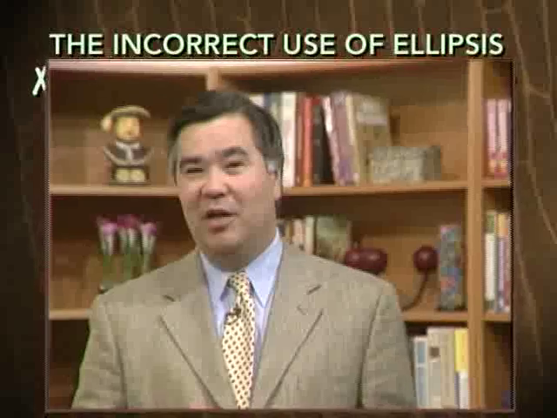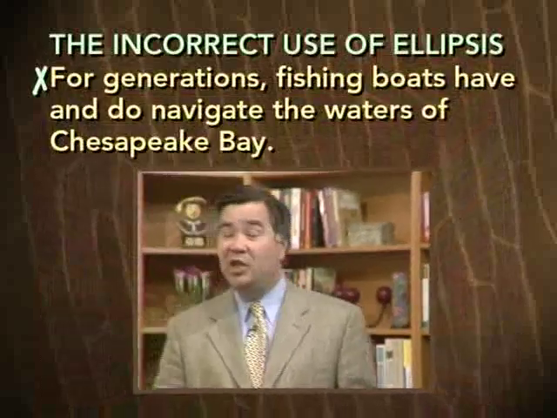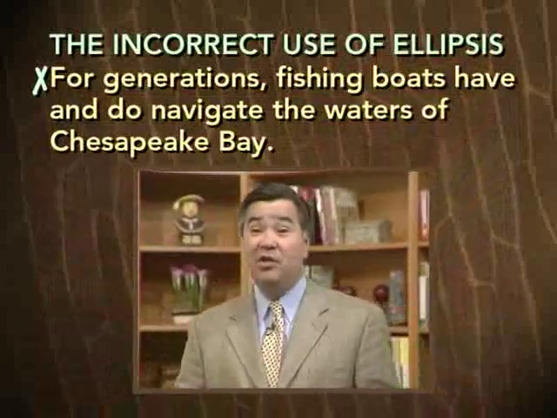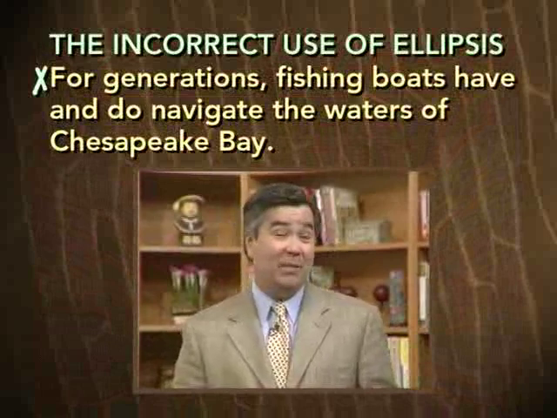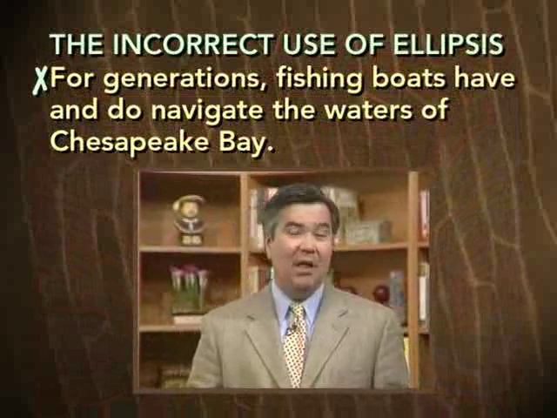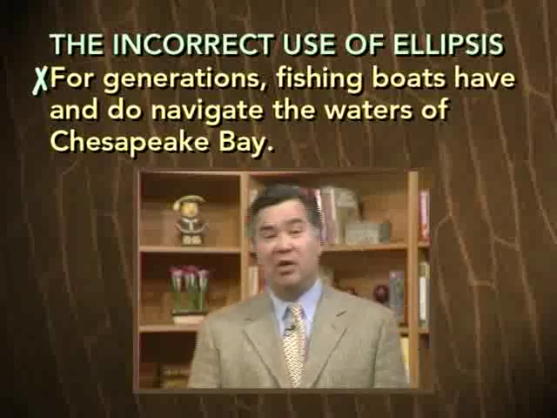It's very easy to make mistakes with ellipsis, as we'll see in a couple of examples now. Here's a sentence where the author is trying to use ellipsis to avoid repeating words, but when we try to apply the test, we see that it doesn't really work. For generations, fishing boats have and do navigate the waters of Chesapeake Bay. Okay, we understand what the author is trying to say.